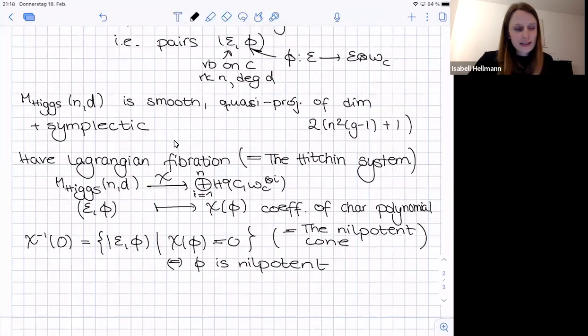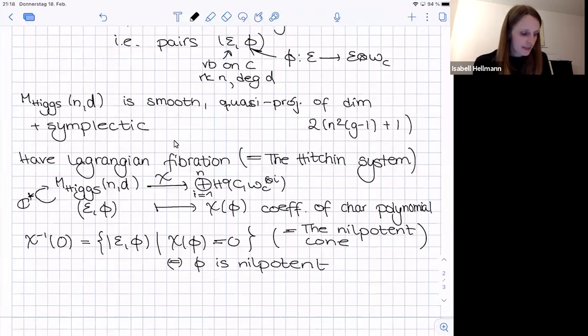Also in this setting, there's a natural motivation to study the nilpotent cone. The general fibers are smooth and very easy to understand, but the nilpotent cone is much trickier. You have a C star action on the moduli space of Higgs bundles, so you can scale the Higgs field by some scalar.